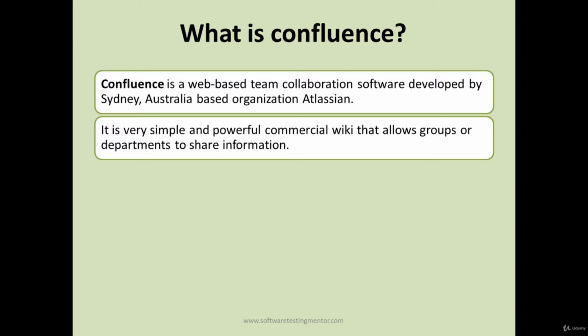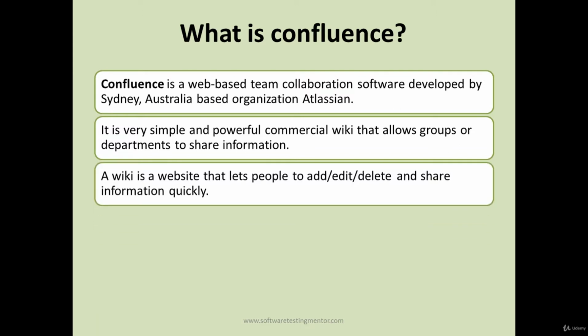It seems very simple, but it's designed in such a way that it is very easy to use, easy to edit, and easy to add and share content in this commercial wiki. A wiki is nothing but a website that lets people add, edit or delete information quickly.